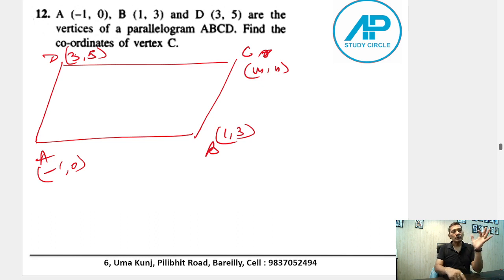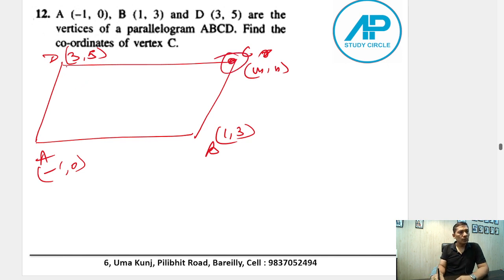They can give you a parallelogram, a rhombus, a square, or a rectangle. Generally we get a rhombus, parallelogram or square. We don't generally get a rectangle, but they can give it to you, because in all these 4 quadrilaterals, the diagonals have a common midpoint. And I have to find the 4th vertex of this quadrilateral.